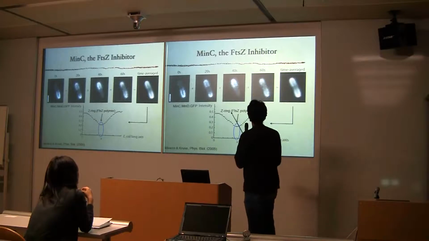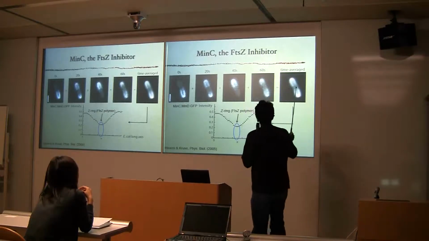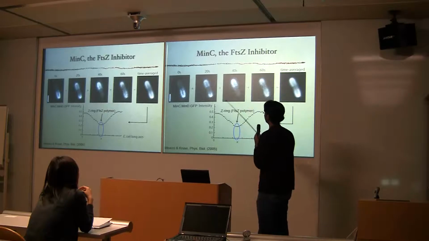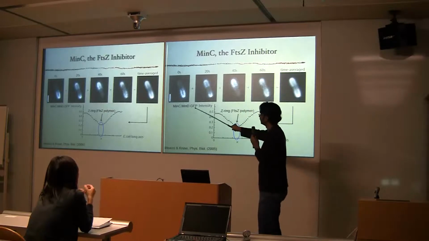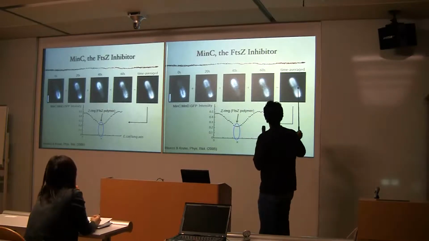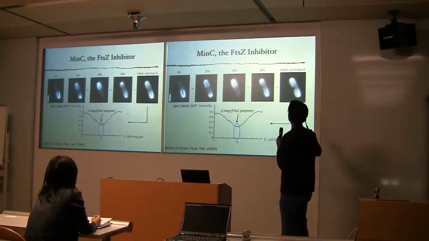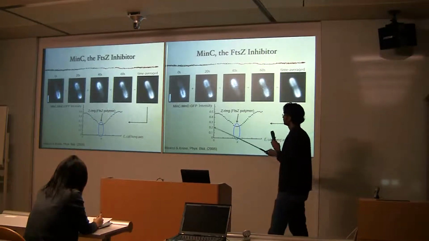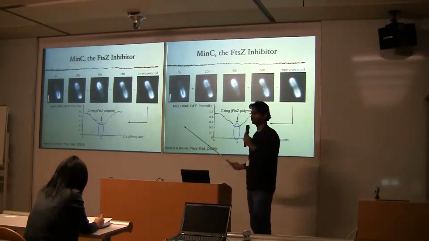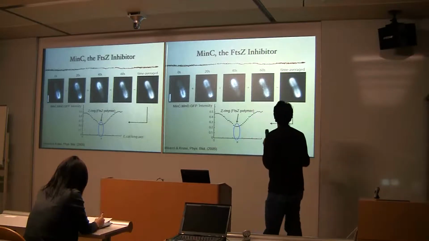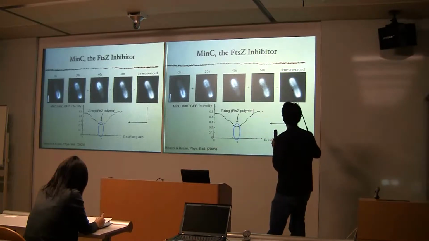Because of the oscillation, when you average the concentration of the MinC, MinD, and GFP complex, you can see that the concentration is lowest at the middle of the cell. Because MinC is an inhibitor of FtsZ, this causes FtsZ to only form in the middle of the cell.